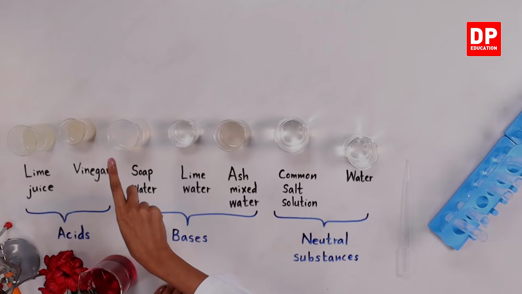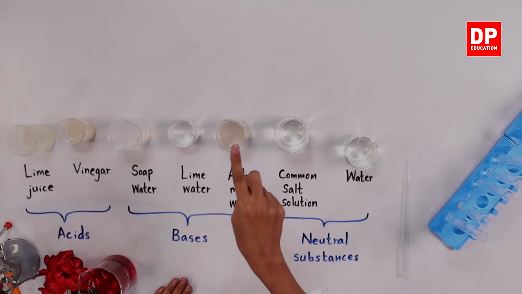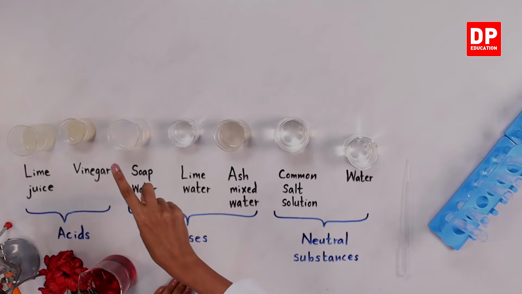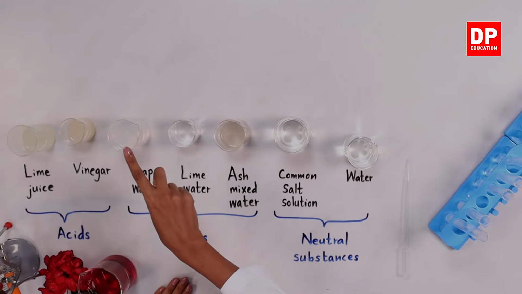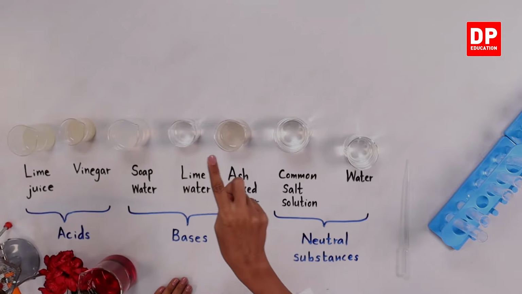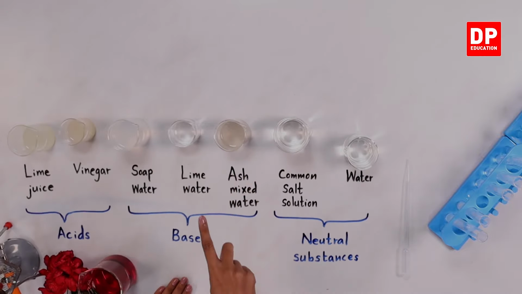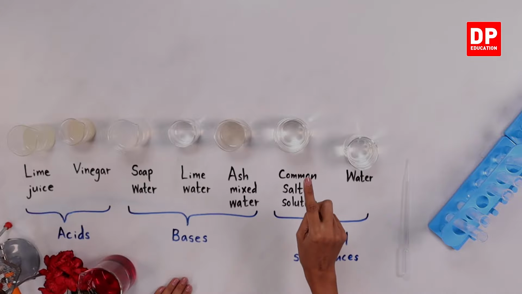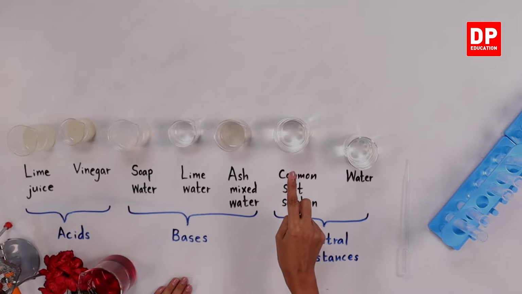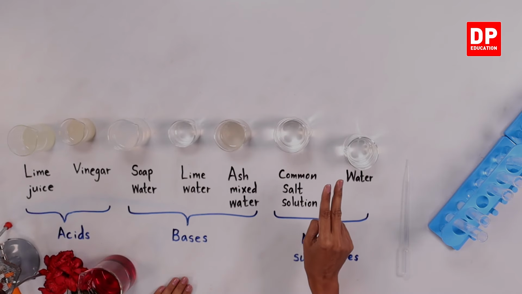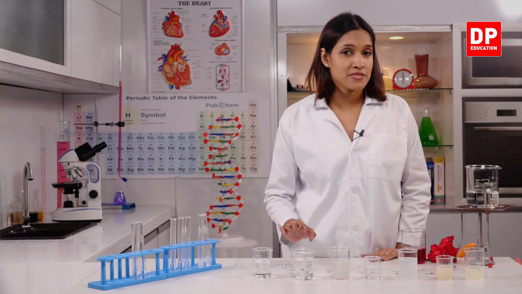And we have soap water, lime water and ash mixed water. These three substances are bases. Then we have common salt solution and water, which come under neutral substances.